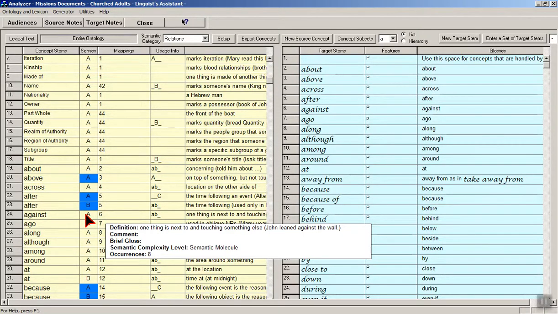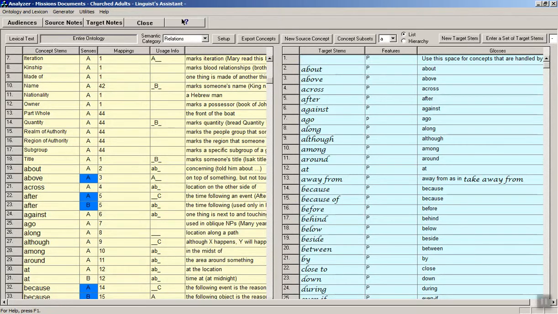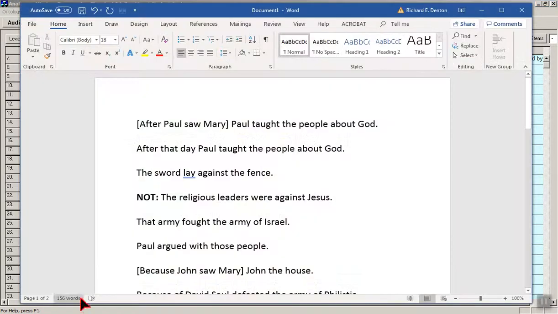John leaned against the wall. So, looking at an example, we can say the sword lay against the fence. But we cannot say the religious leaders were against Jesus, because we don't have that sense of against in the ontology. We can express this in different ways.